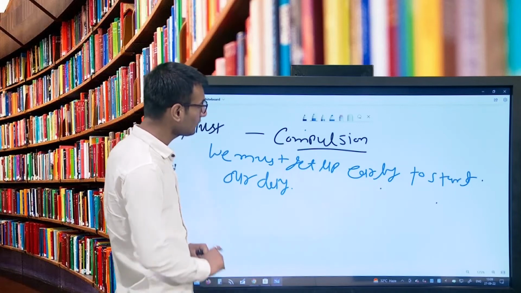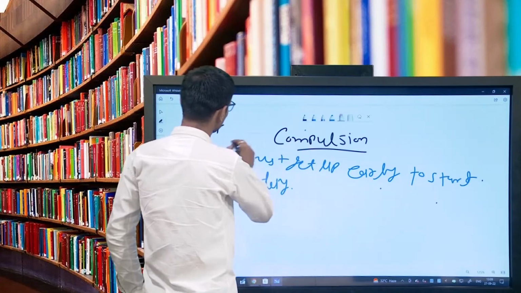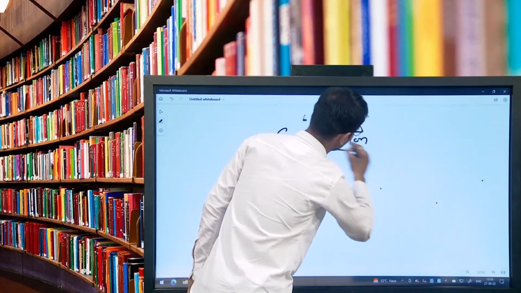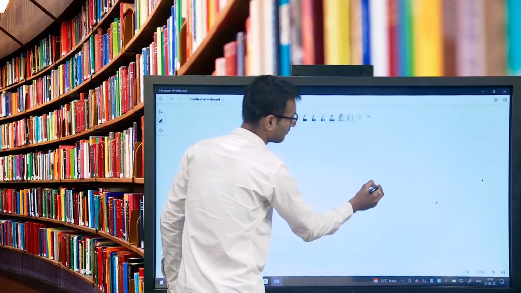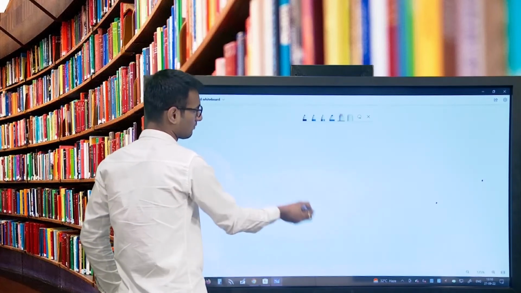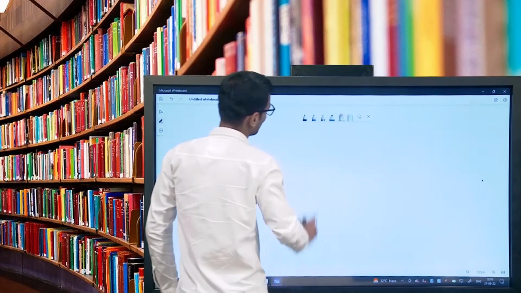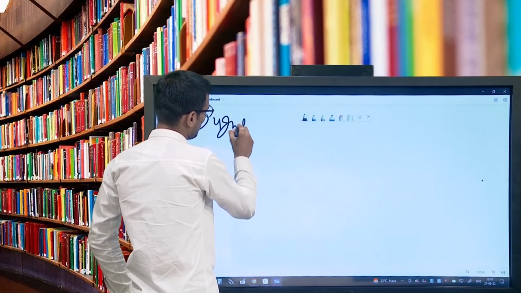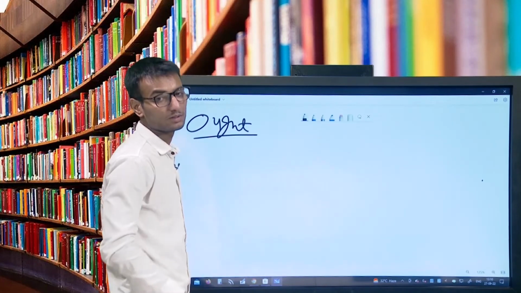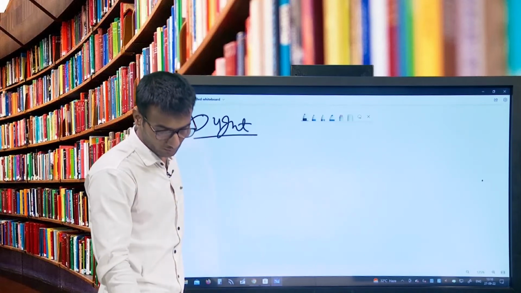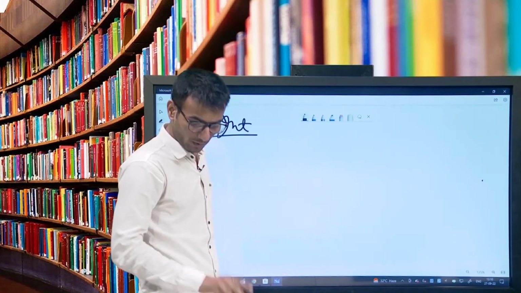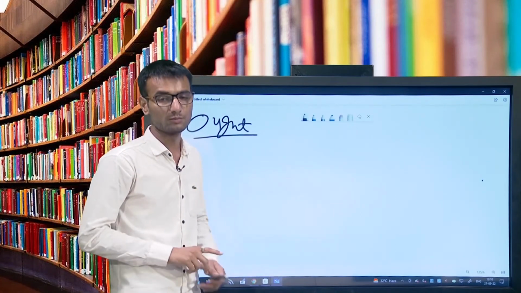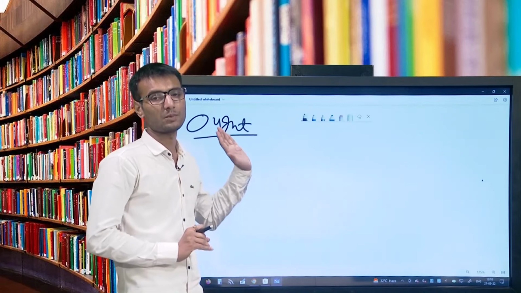Now another is ought. So just like must, there is another modal auxiliary called ought. So when ought to refers to past times, it is followed by the perfect infinitive. Means it generally shows the past things that happened.